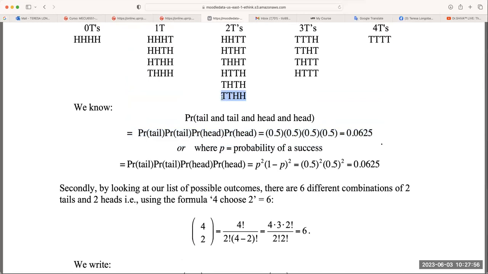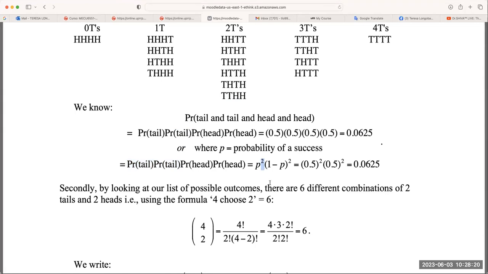Now, before I go on, I want to create a general formula. I found the answer for this specific case, but in general, what did I do? I took the thing I'm looking for, tail, and there are 2 tails. And I multiplied the probability of each tail together. So what I did was take the P, which is the probability of success, and multiply it together.